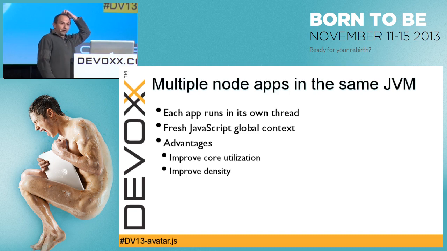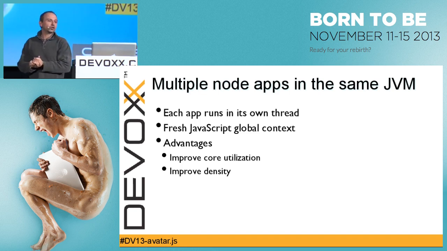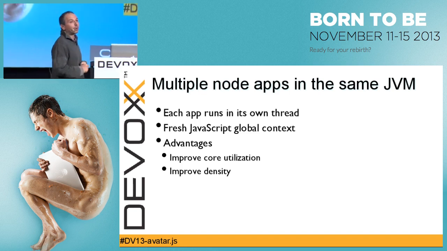Multiple nodes in the same JVM: really nothing special more than saying that you need to dedicate a given thread to each event loop of your node application. And each node application will have a fresh, clean global context.